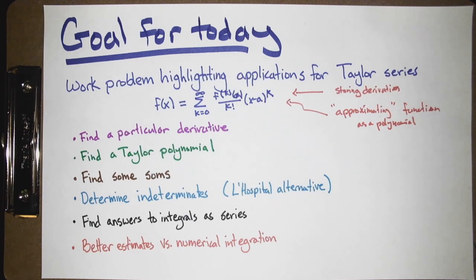We can find answers to integrals as series, and we can also do better estimates versus numerical integration. In some cases, not all the time. There are some things that we can't do, right? If you can't get the Taylor series, hopeless. Can't go anywhere. But if you can, it's oftentimes more efficient than trying to do numerical integration. So lots of things to do.